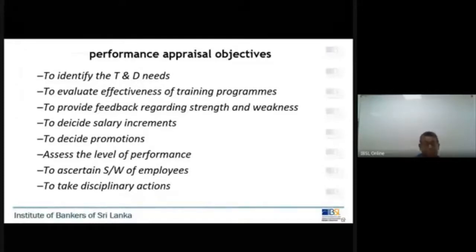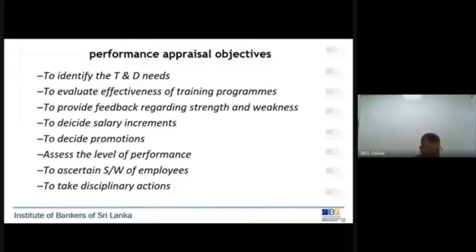That is why you have not learned, or maybe due to some other reason. So it gives an opportunity to the management, your boss, to see the effectiveness of the training program you have undergone. So through the performance appraisal, you not only identify the training and development needs, but also evaluate the effectiveness of the training program.